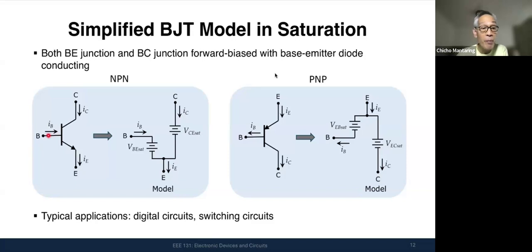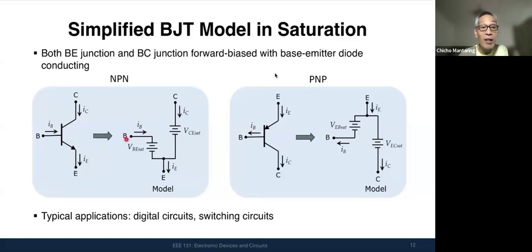That means the base to emitter voltage is positive, but not conducting. If the junction is forward biased but not conducting according to this model, then your collector current will be zero. So, strictly speaking, it is in saturation, because both junctions are forward biased.